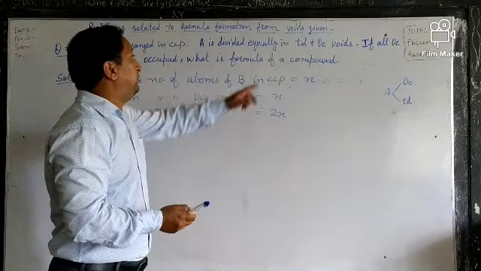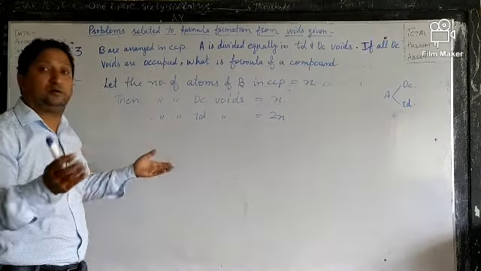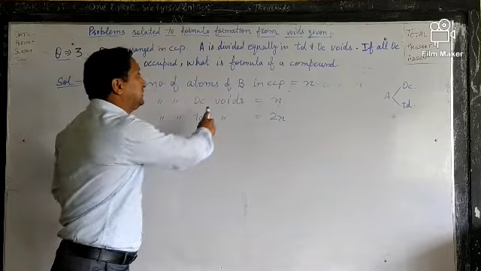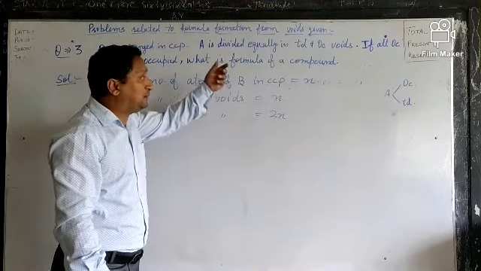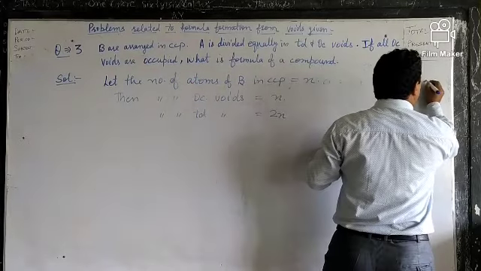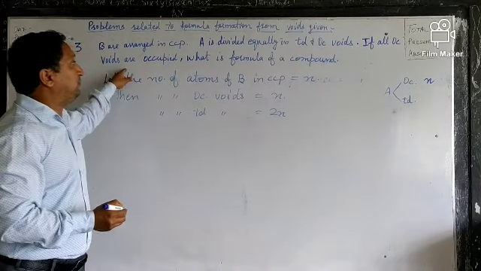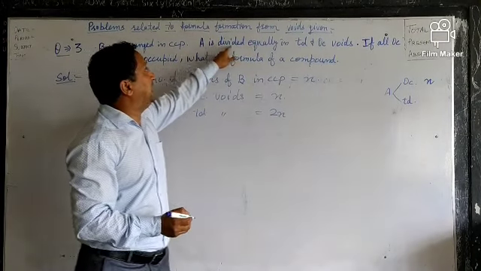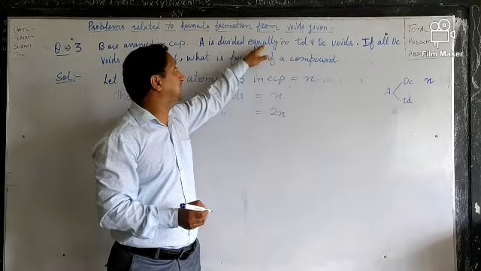If all the octahedral voids are occupied, now how many octahedral voids were there? There were n octahedral voids, and all of them are occupied. It means that all the n are there, and in the tetrahedral, they have divided the A equally.